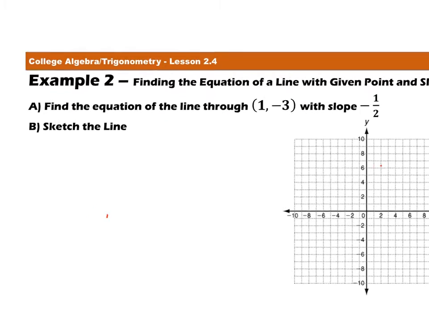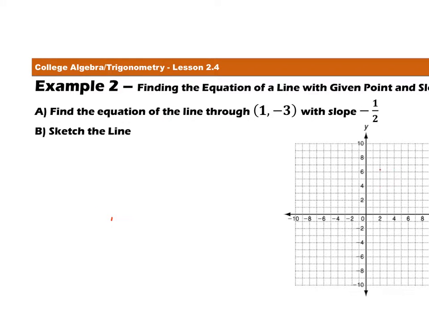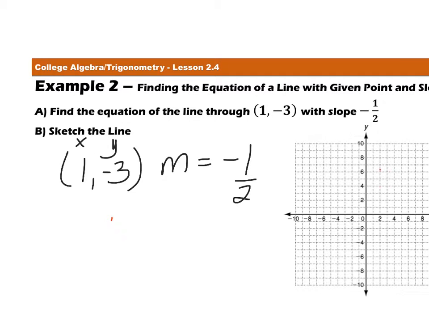If you have a point, they give you a point. They say this point is at 1, negative 3. What's my x? What's my y? 1 is x, and what's my y? Okay, and then they tell me that the slope is negative 1/2. If I use point slope form, and we're not going to graph right now, it's y minus, what's it going to be?